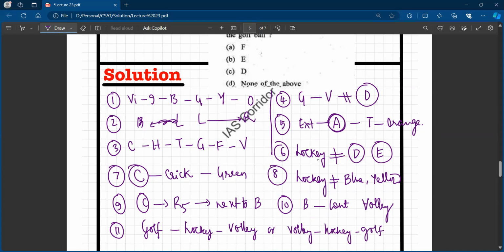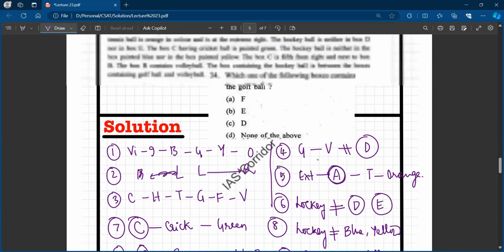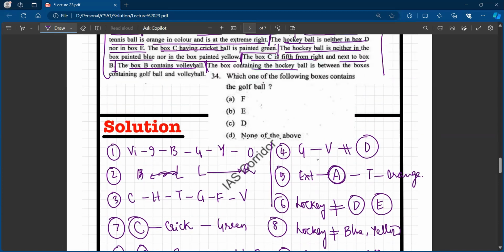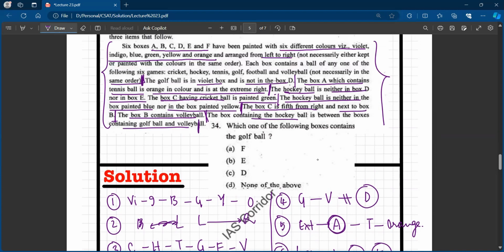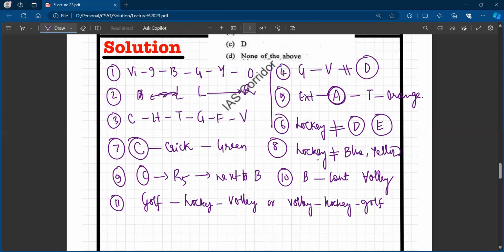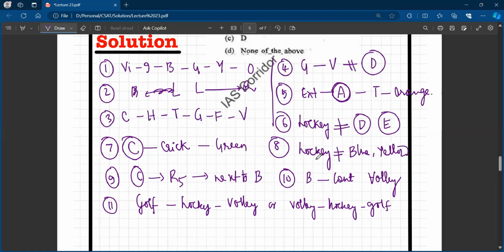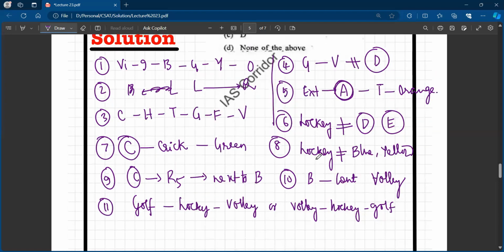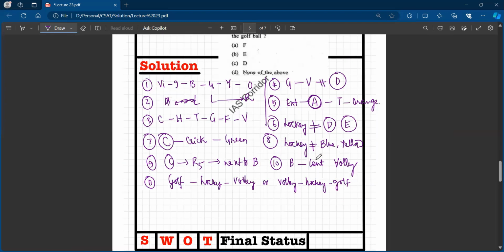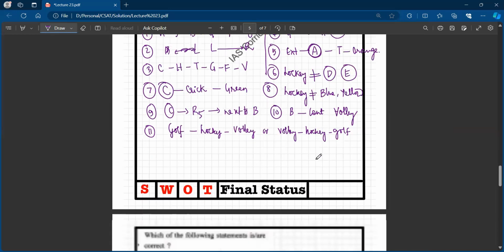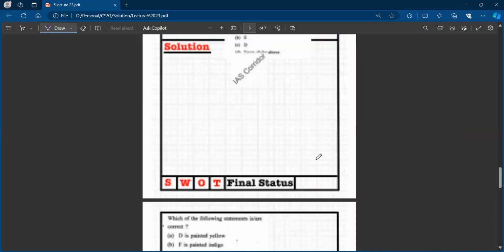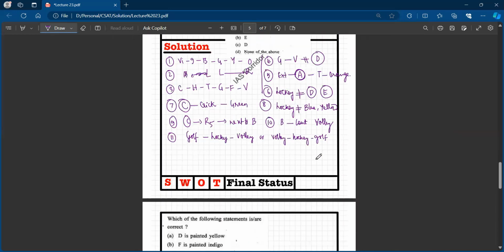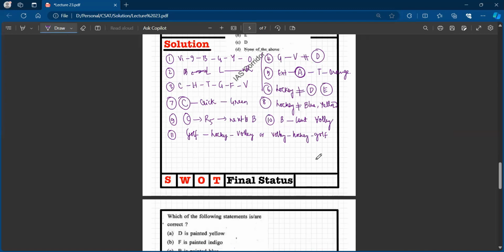Clear? In either case, hockey is between volleyball and the golf ball. So we have done all the statements. We haven't missed any statement. Now let us arrange them according to the statements, or the inferences that we have got.